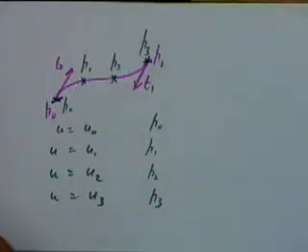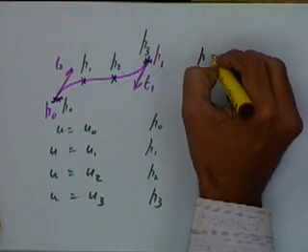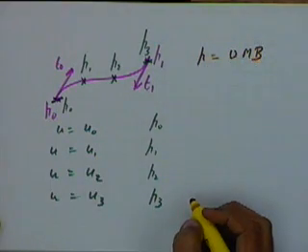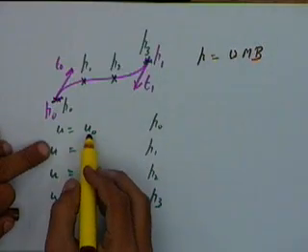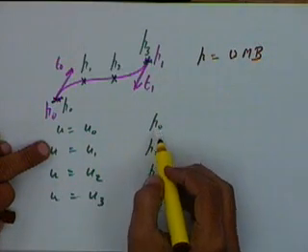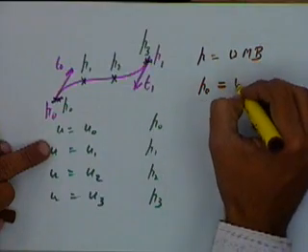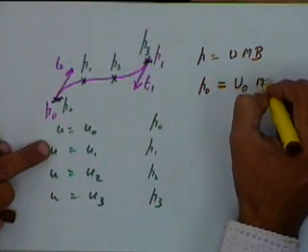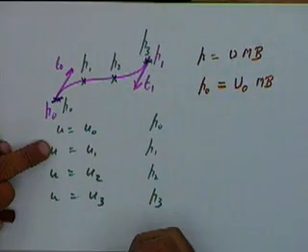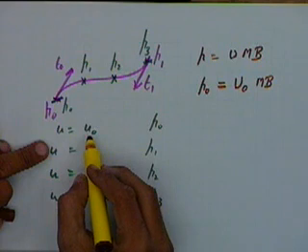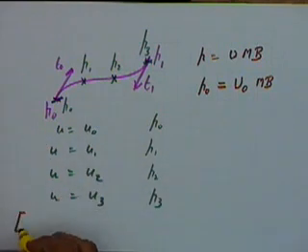If I consider the equation of my curve, P equal to u times MB, at u equal to u0 I have P0, so P0 is equal to u0 times MB, where u0 is the matrix obtained from u equal to u0.